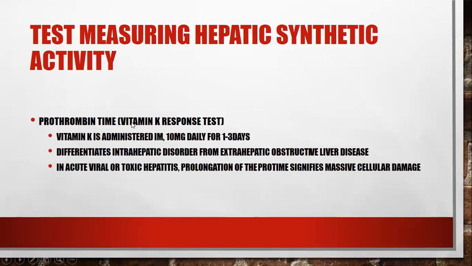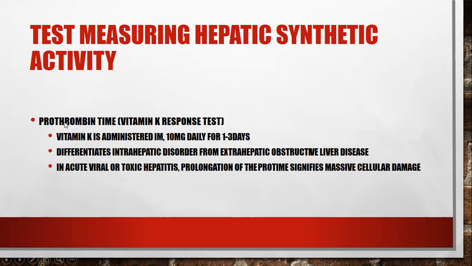Another test used to measure hepatic synthetic activity is the determination of prothrombin time, also known as the vitamin K response test. You will learn more of these in hematology classes. However, for the sake of discussion, I will be discussing the different clotting factors and the use of these tests. How come this is used to assess hepatic synthetic activity of the liver?